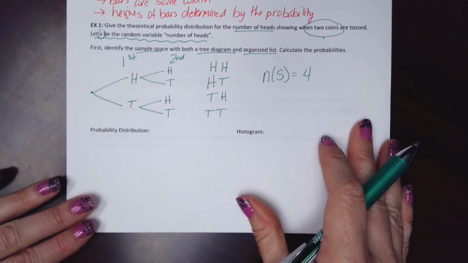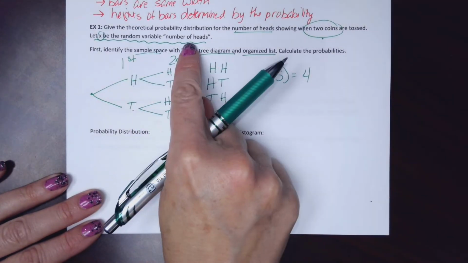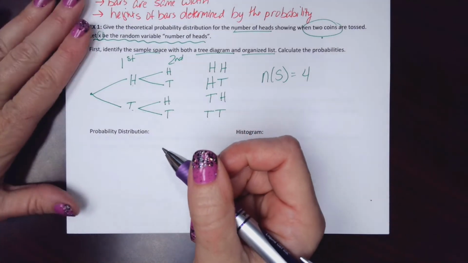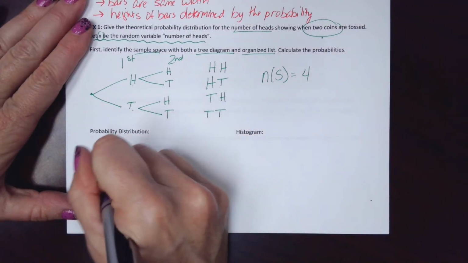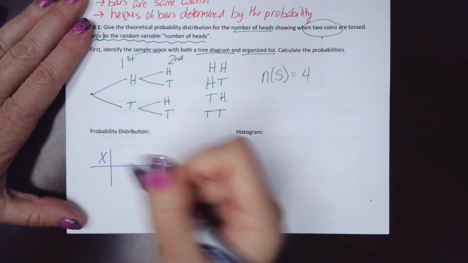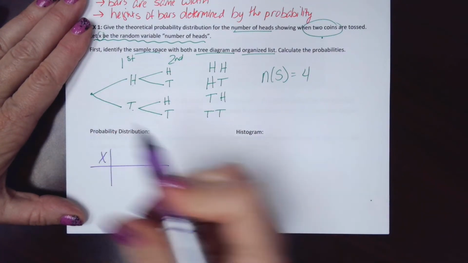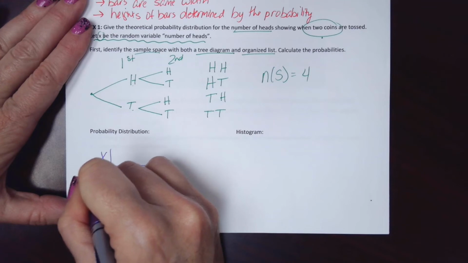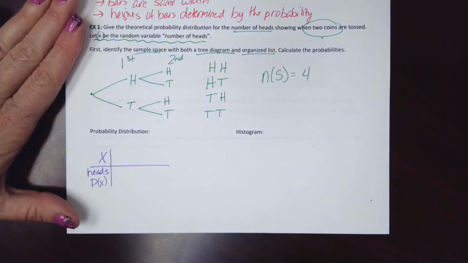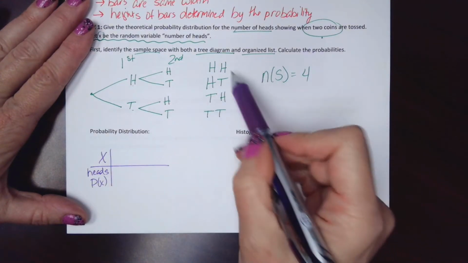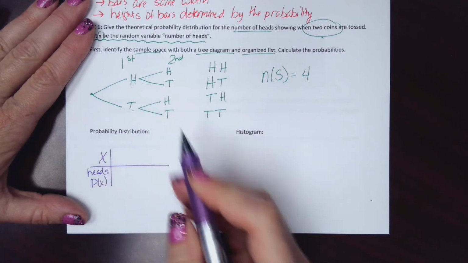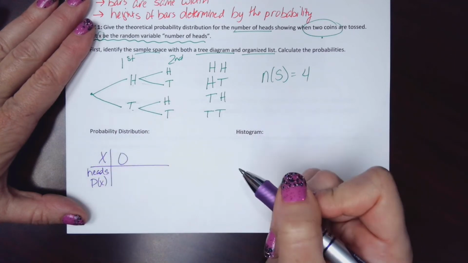Now the variable that we're interested in is how many heads there are on those 2 tosses. So when I do my probability distribution and I set up my table, X represents the number of heads, and we're interested in that probability of X. Well, when I look at my list, or I look at each branch of my tree, I see that I could end up with 0 heads.